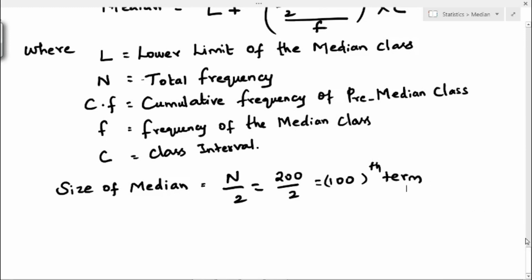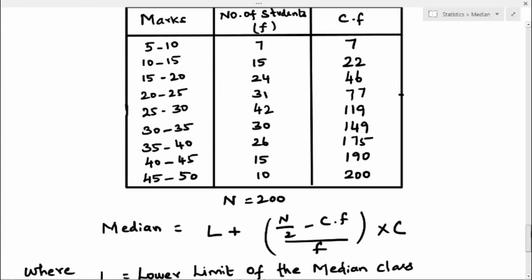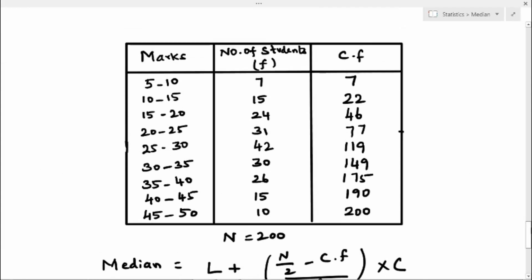Now we have to check whether 100 is in the cumulative frequency or not. We don't have 100 directly in this cumulative frequency, but 100 lies in between these two values, 77 and 119. So the higher value, 119, is the median class.